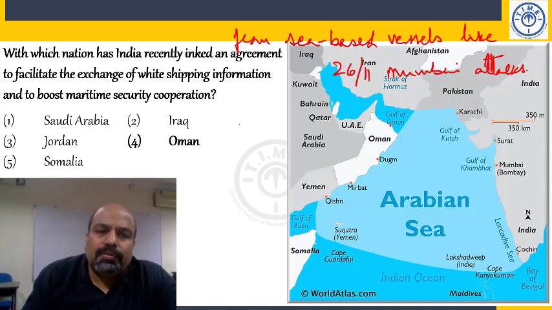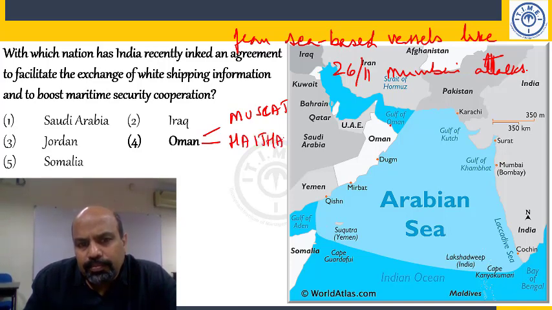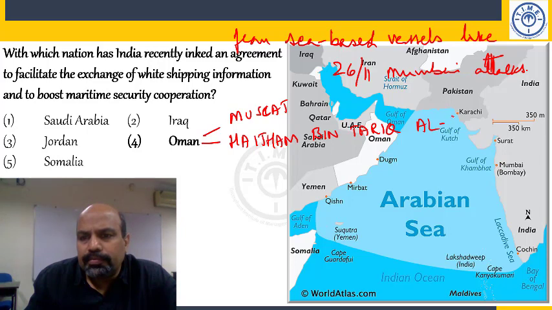Okay. Just to give you the capitals. In the case of Oman, I'll give all the information. Oman's capital is Muscat. The king here is Sultan. His name is Haytham bin Tariq Al Sayyid.